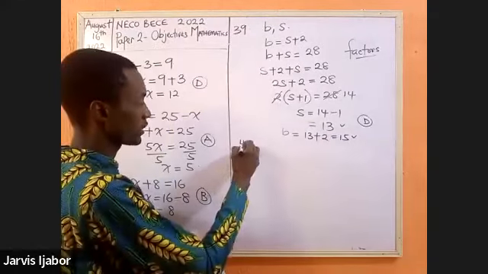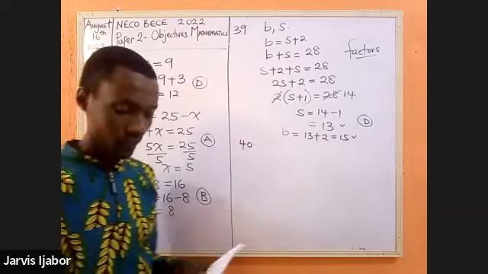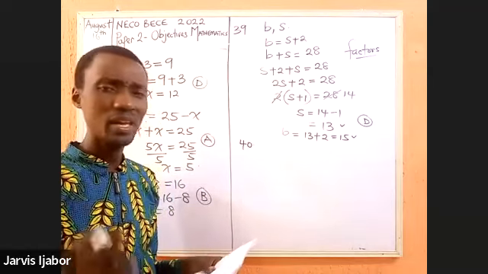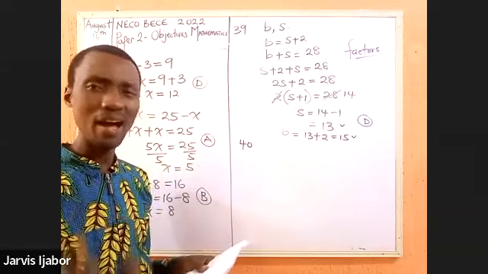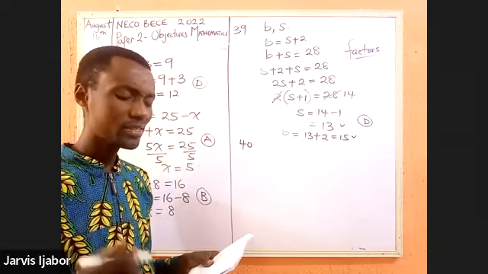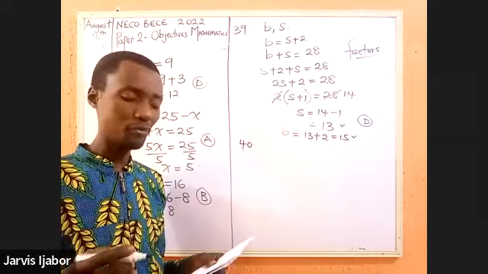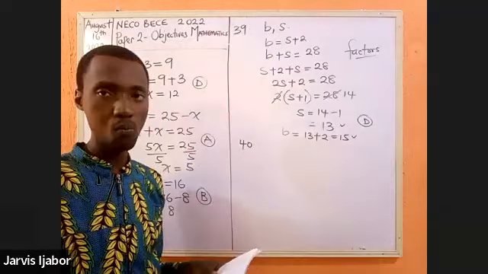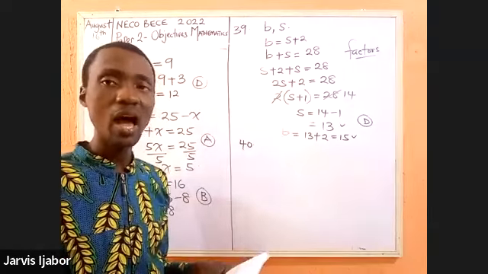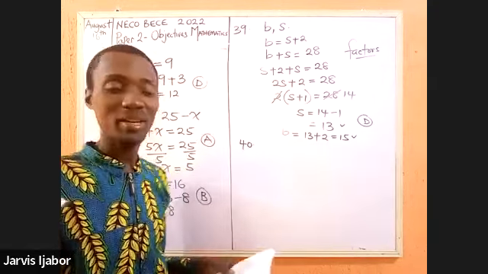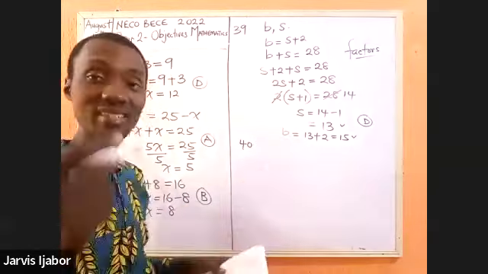So question 40. A herdsman sells X cows and Y rams. He makes a profit of 5,500 naira on each cow. So the question here is, how many cows has he?